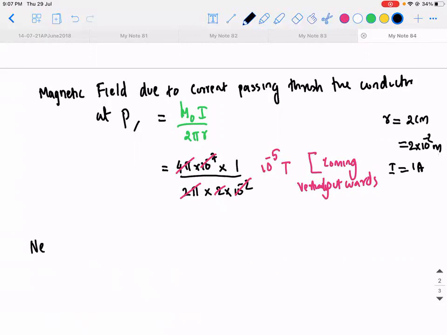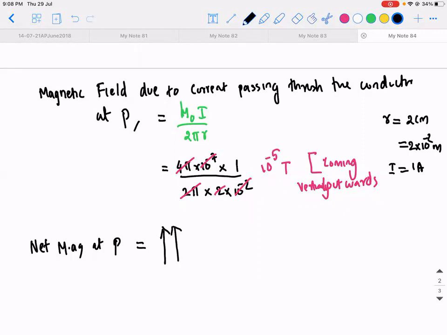Therefore the net magnetic field at P: one field is going in this fashion, because that is our external magnetic field, and again one more magnetic field is coming in this fashion, so these will be added up.